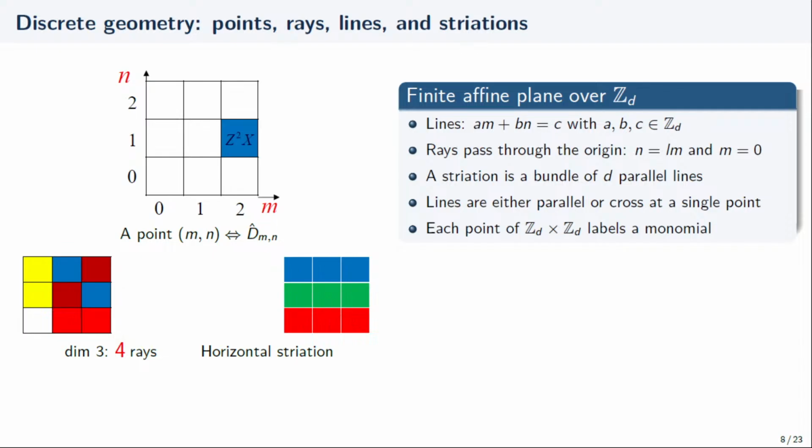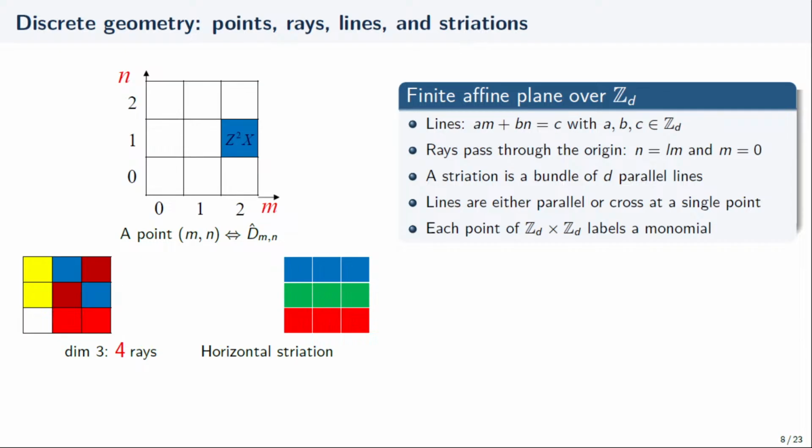So to each of these 4 rays, we can put in correspondence parallel lines. So this is real geometry: lines either cross in a single point or they do not intersect.